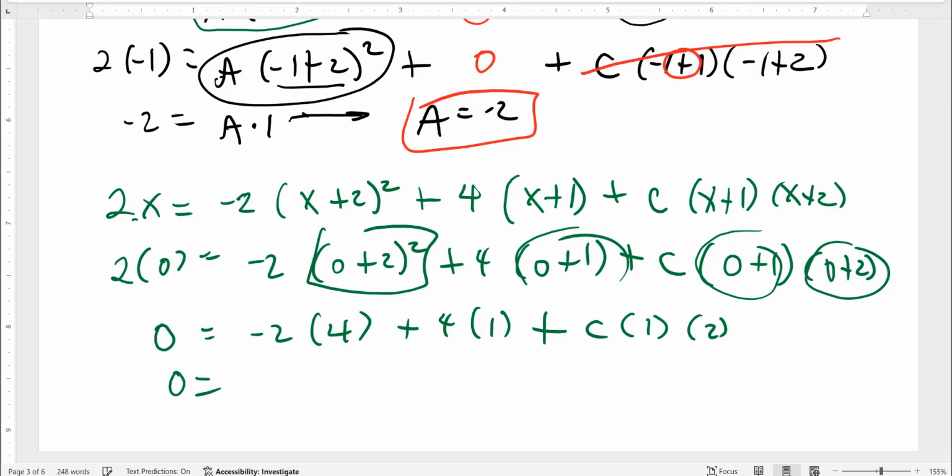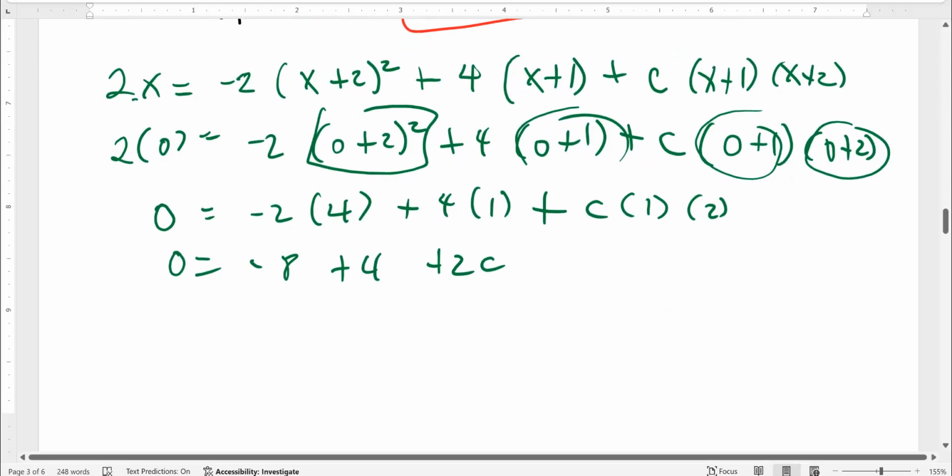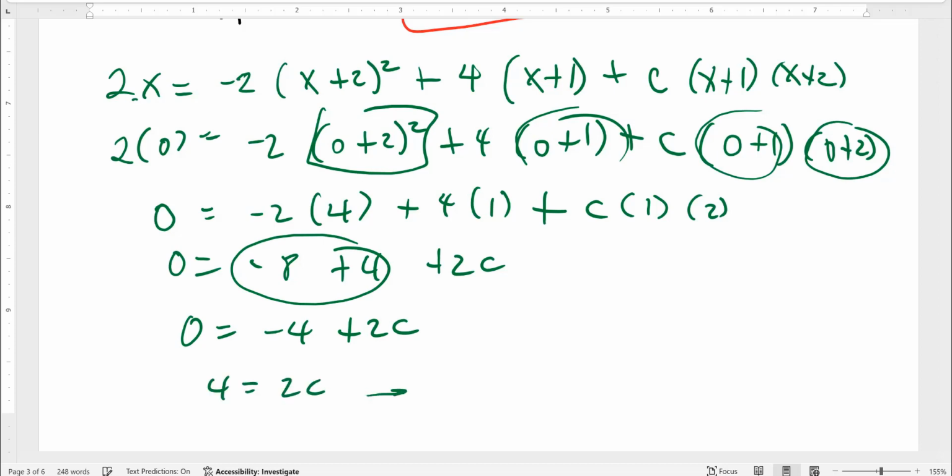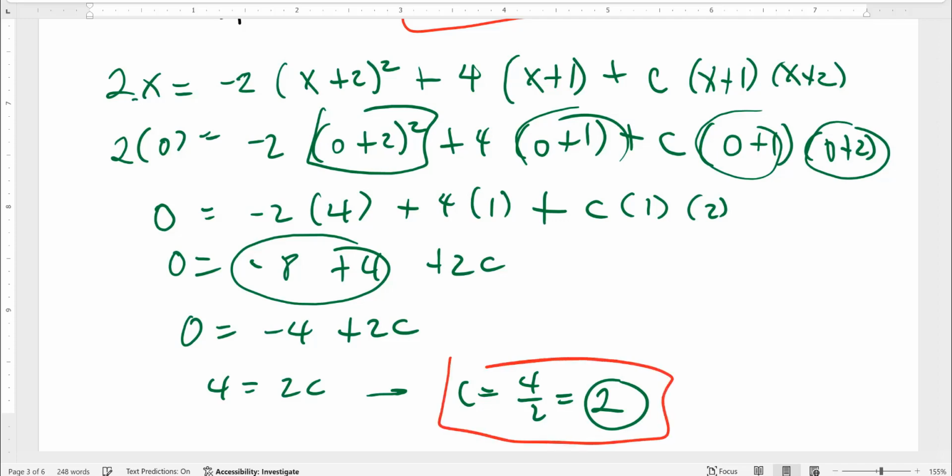And that gives me 0 equals negative 8 plus 4 plus 2c. And notice, everything has disappeared. The only variable I have left is c, which is what I'm trying to find. So I get 0 equals negative 4 plus 2c. So 2c equals positive 4, which gives me c equals 4 over 2. In other words, 2. So we now know that c equals 2.